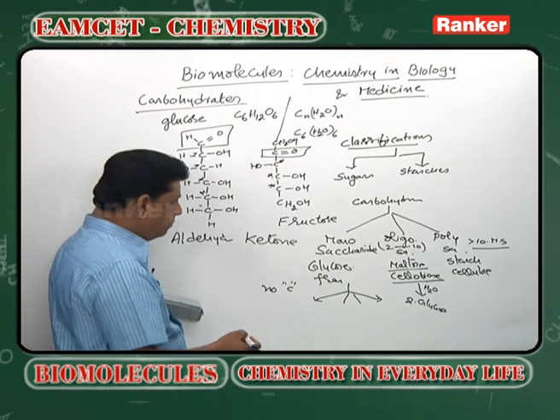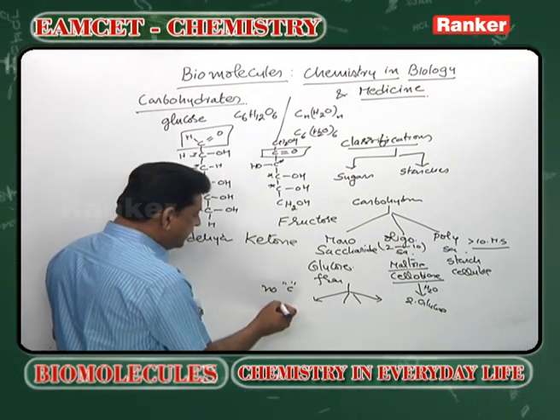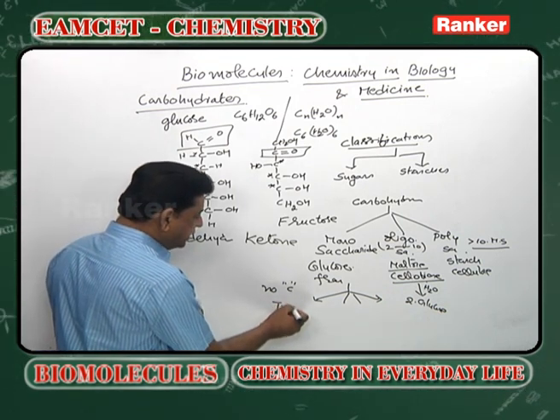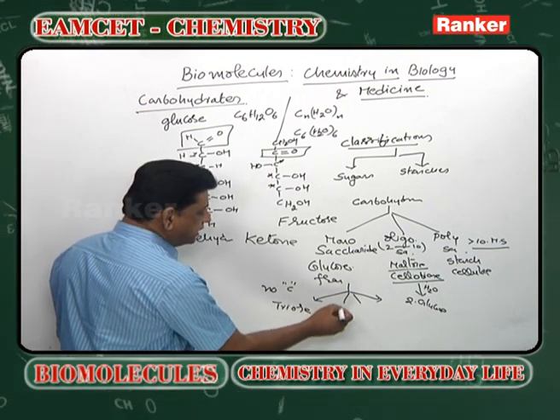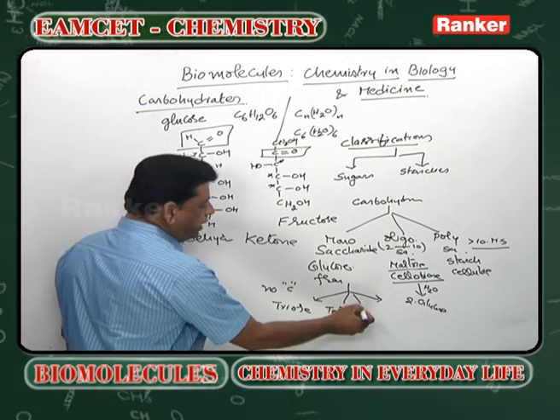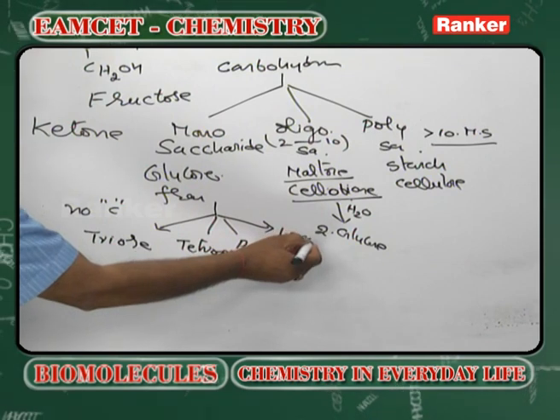Monosaccharides can also be classified into 3-4 varieties based on the number of carbons present. The smallest carbohydrate is a 3 carbon one, known as a triose, a 4 carbon one is called a tetrose, then pentose and hexose.